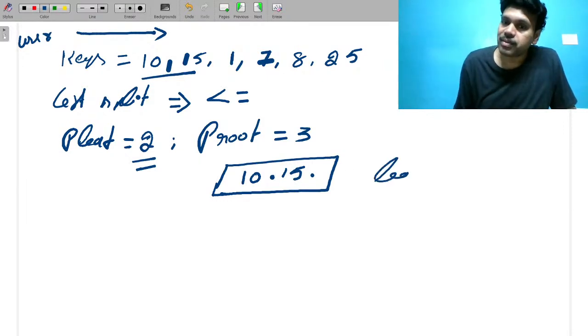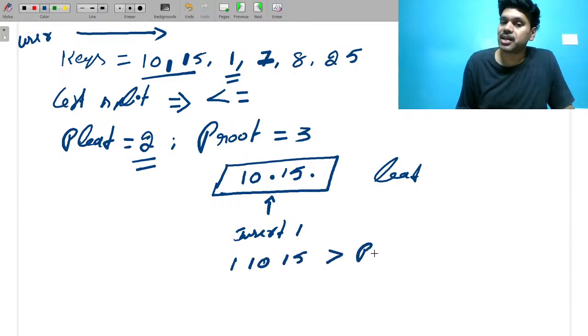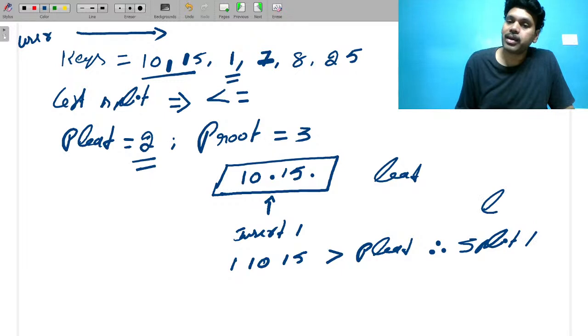Now you see, I want to insert 1. Whenever you insert 1 here, it exceeds your P leaf, because your P leaf can only consist of a maximum of 2 keys. So 1, 10, 15 is greater than your P leaf. Therefore, there is a requirement of split number 1. The leaf split number 1 is happening.